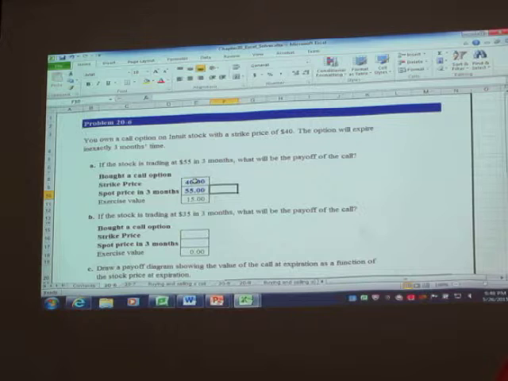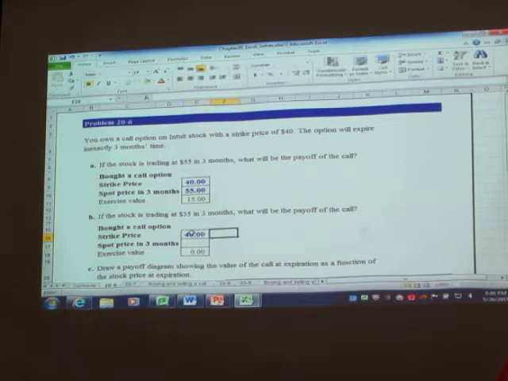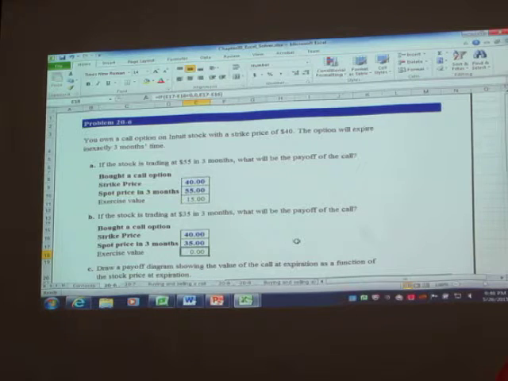I call it intrinsic value. In the book, it's also called intrinsic value. Now, if the stock is trading at 35, the option is worth nothing. It can't be a negative value.